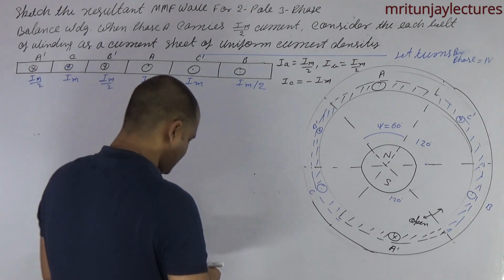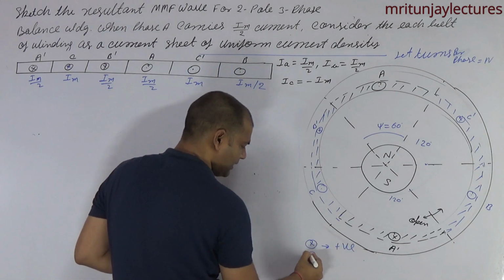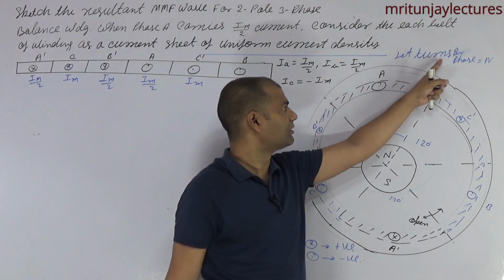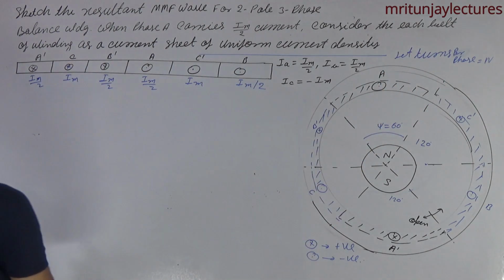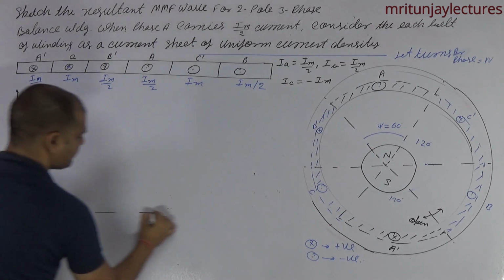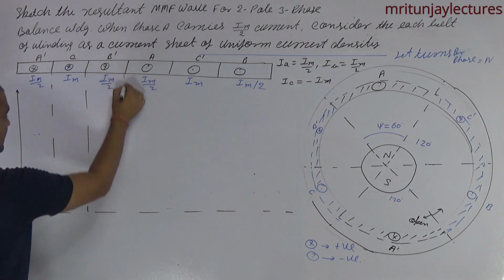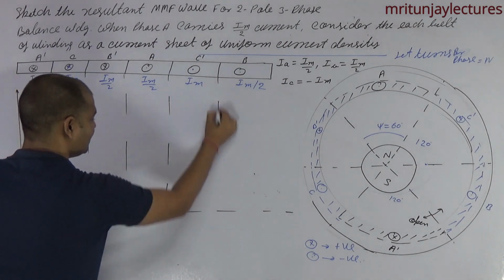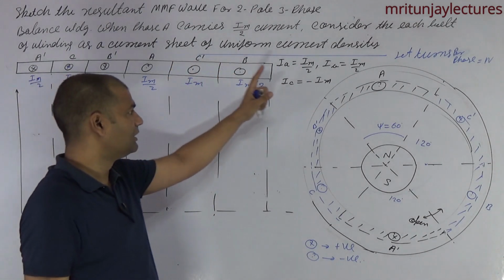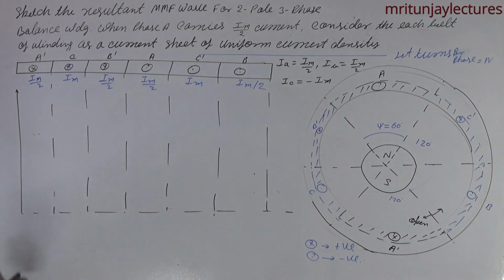I have already discussed that the cross sign represents plus and the dot sign represents minus. Let the turns per phase be N. Finally draw the resultant MMF diagram when IA equals Im by 2, IB equals Im by 2 and IC equals minus Im.